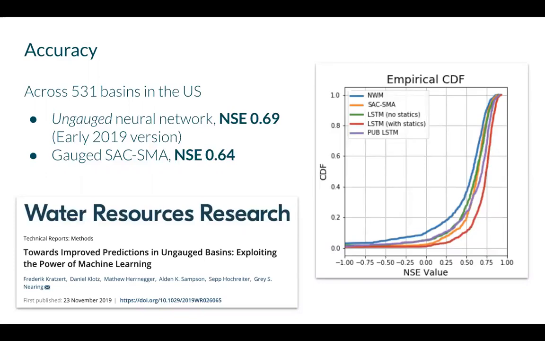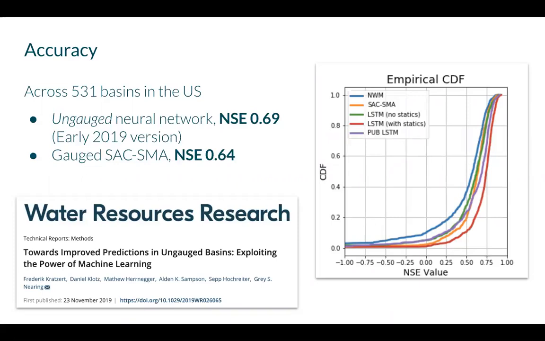The results showed that an early prototype neural network, a machine learning statistical based model, was able to be more accurate than a model that has been a workhorse in hydrology for many, many years, that is more on the physical side of the spectrum between physical and statistical models.